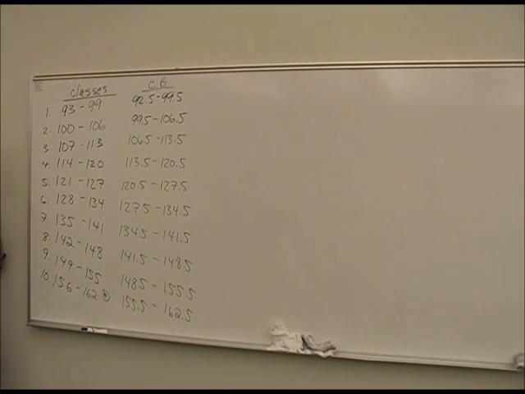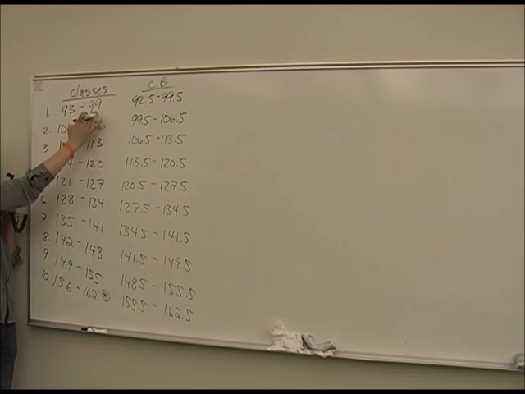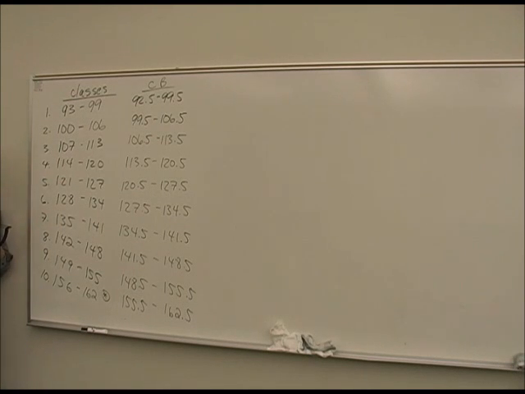Again, you take your left, which is your lower class limit, you subtract 0.5. You take your right number, which is your upper class limit, and you add 0.5. And that will formulate what we call CB, or class boundaries.